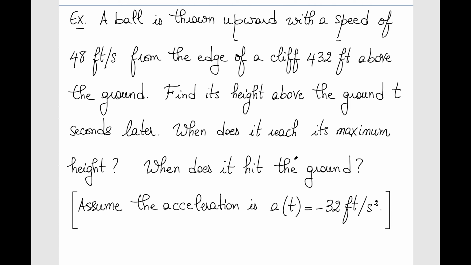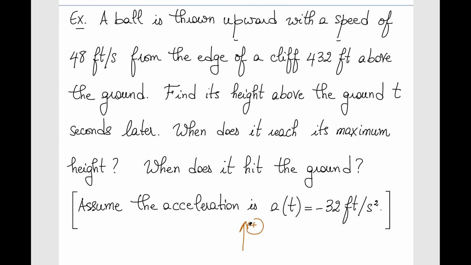The value of that downward acceleration is approximately 32 feet per second squared, or if you want to deal with meters, 9.8 meters per second squared. In this case, we're going to deal with feet because everything is given in feet. Since it's a downward direction, I'm supposing that the positive direction is upward.